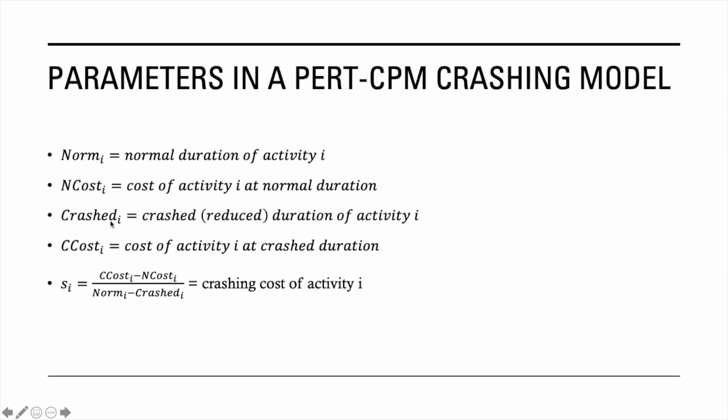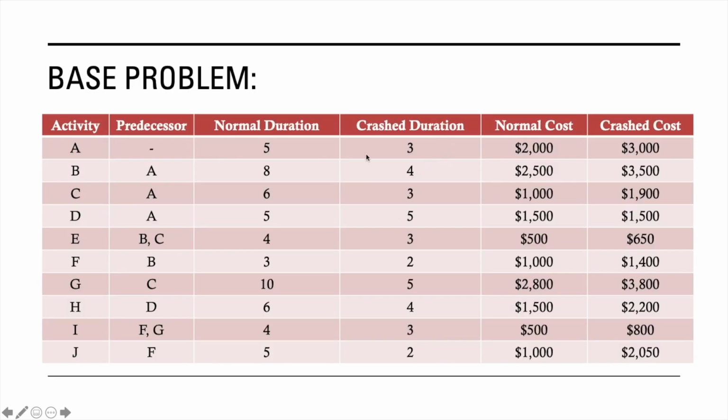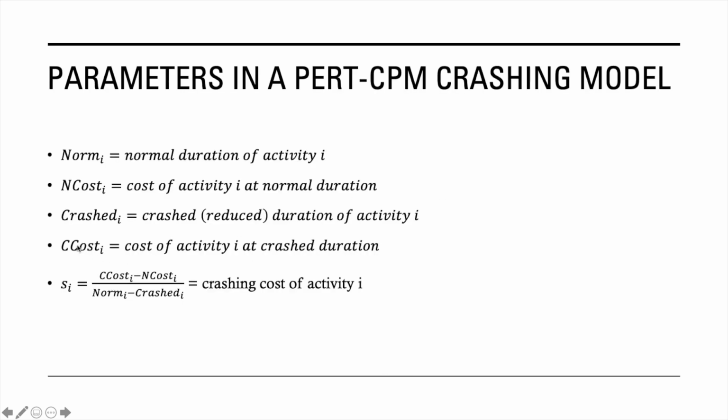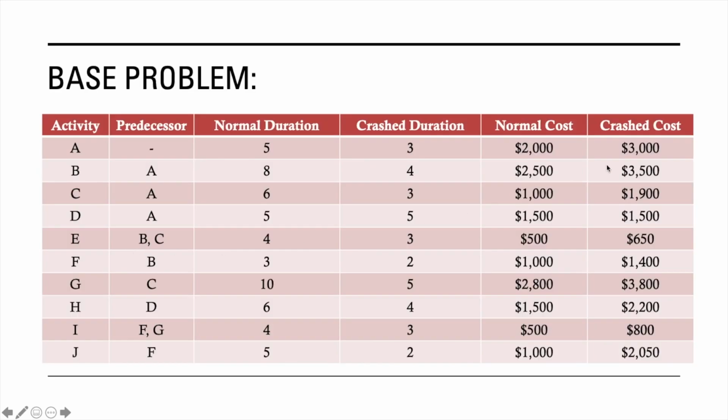Next is Crashed sub I, which is the crashed or reduced duration of activity I, and that is this column. And finally, we have crash cost, or C cost sub I, which is the cost of activity I at the crashed duration, and that is this last column.